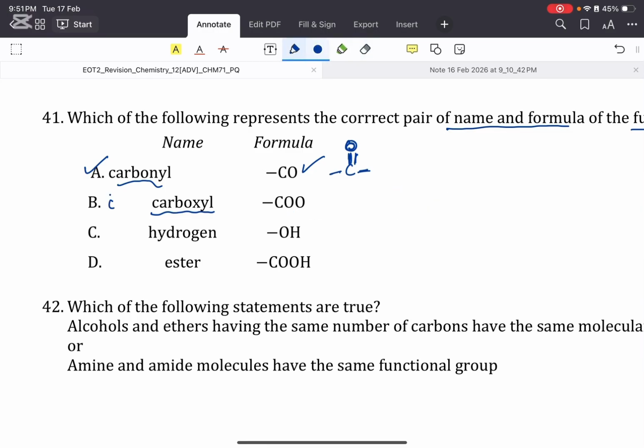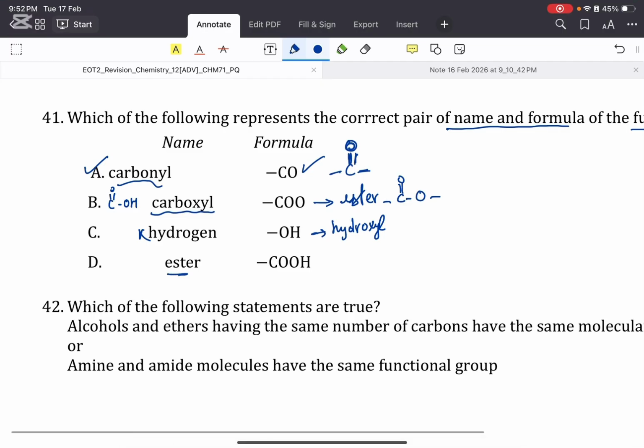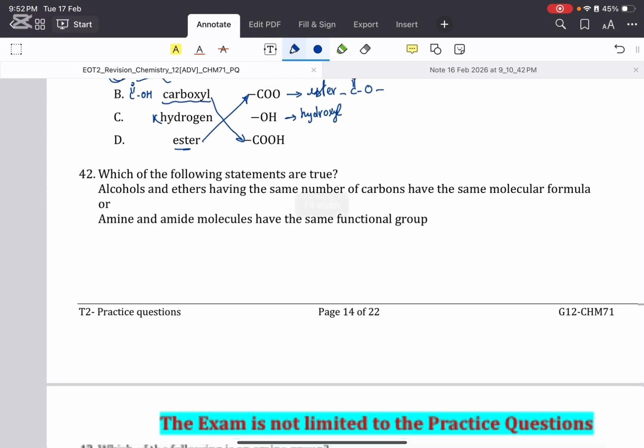So carboxyl is like this, but what they are showing me here is an ester, C double bond O and O. Now, hydrogen is not a functional group that we studied, and this one is hydroxyl. Now, ester, I already mentioned it in B, and this goes for the carboxyl. So the correct combination is A.